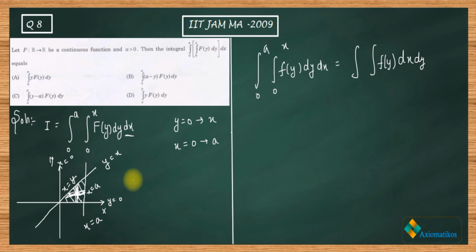Your x is moving from x is equal to y to x is equal to a. And your y is moving from here to this point. What is this point? If you solve these two equations, you will get (a, a). So y is moving from 0 to a.